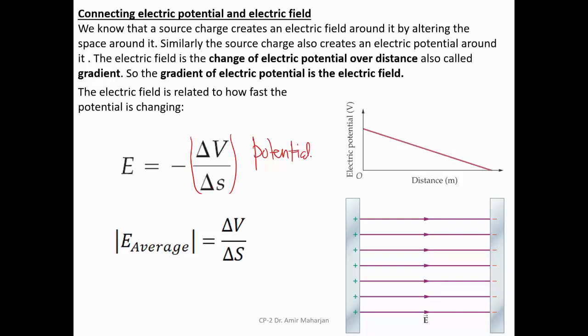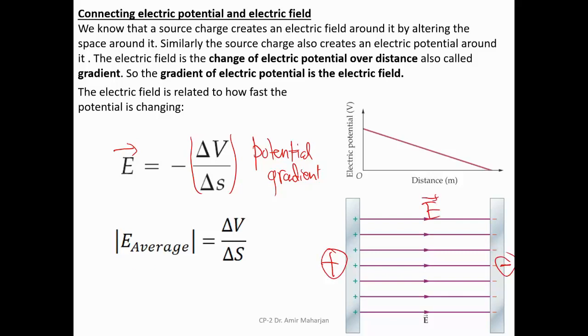If something changes with distance, it's called a gradient. So the electric field vector is simply the negative of the potential gradient. Negative simply means the electric field always goes from higher to lower potential, from the positive side to the negative side. That's the meaning of the negative sign here.